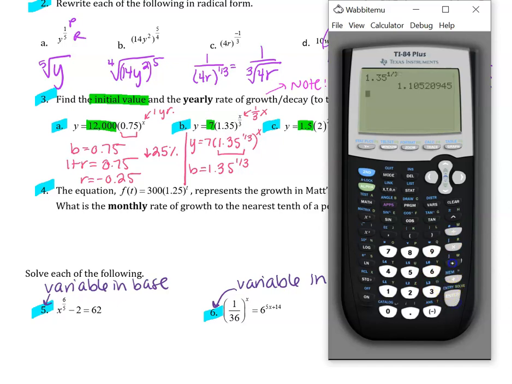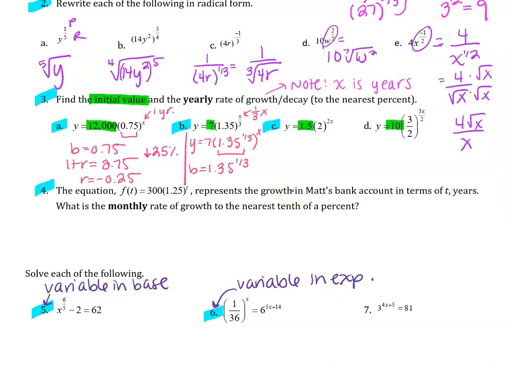Okay, so that's my b value. Subtract 1, multiply by 100, because that's my rate. Gotta go up here and grab that. Times 100. Okay, so about 10.5%. So 11%. Increasing by 11% per year.